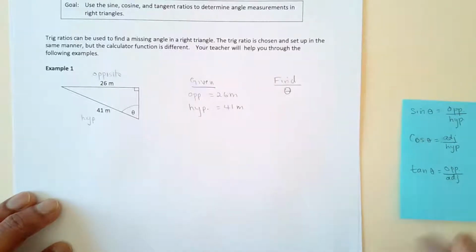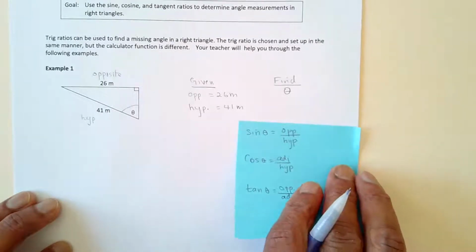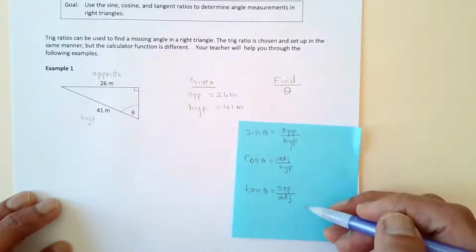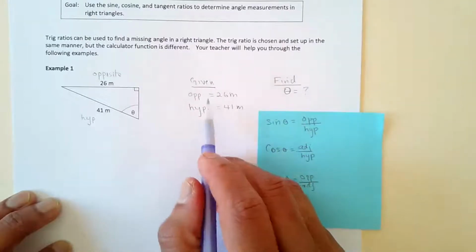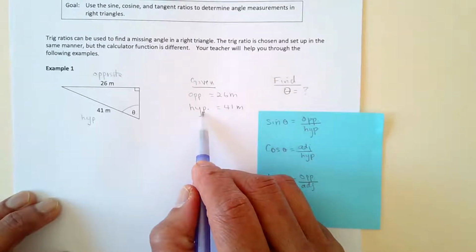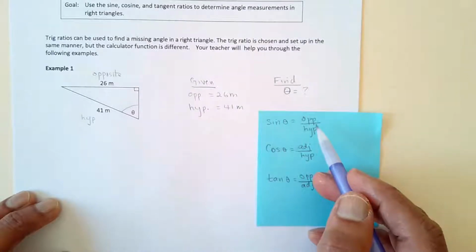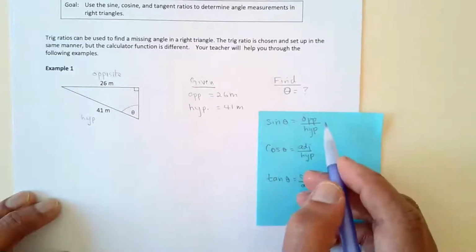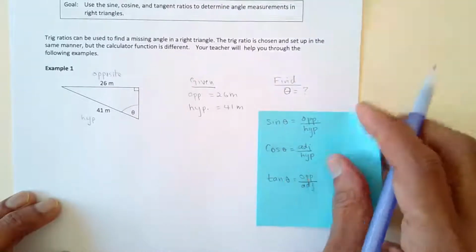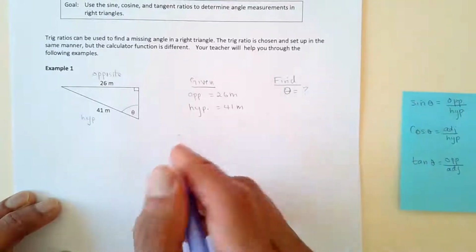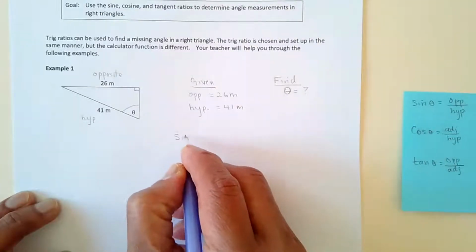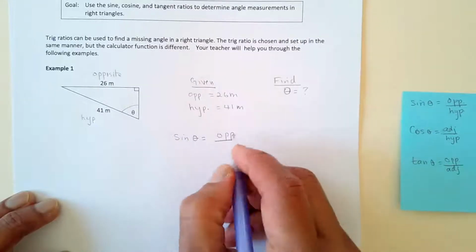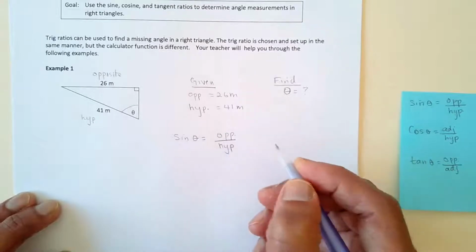Now, there are 3 trig ratios, the sine, cosine, and tangent, and I have to decide which to use. I'm given opposite and hypotenuse, and I find the ratio where these are matching. So opposite and hypotenuse is sine. So I'll use my sine trig ratio. Sine theta is opposite over hypotenuse.